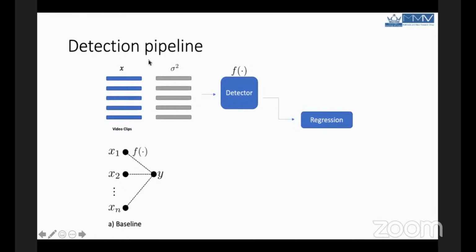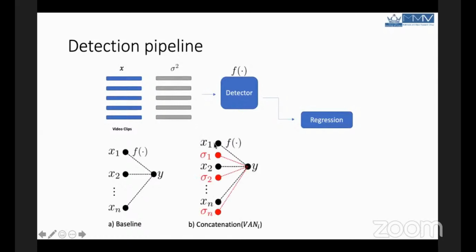However, now we not only have the mean, we also have the variances. What should we do? The simplest way is to concatenate both the mean and variances together to be the input of the network, and then we train in the same way as the baseline network. However, in this way, it will double the number of the input parameters.